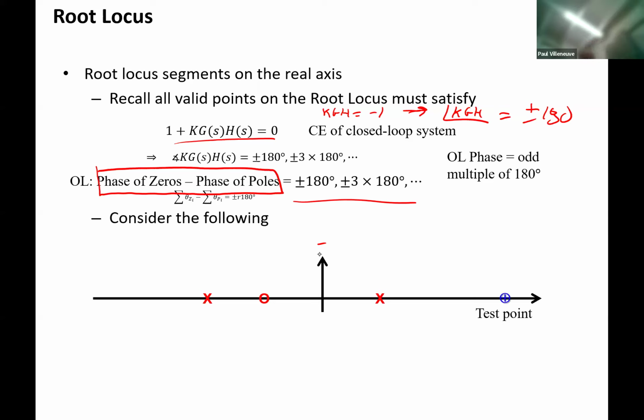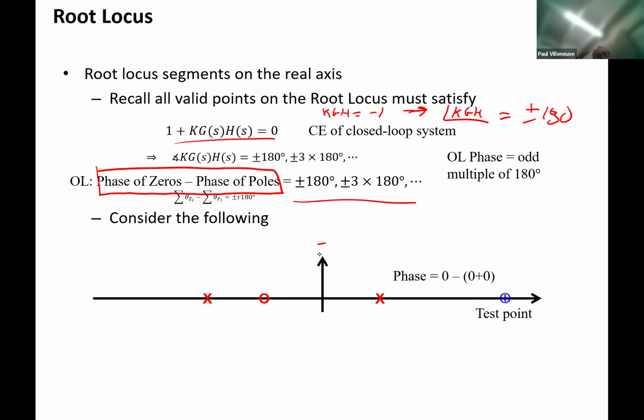So let's take a look at an actual transfer function with two finite poles and one finite zero. And we're going to stick a test point someplace out on the real axis and then see what we have. We want to see if that test point is going to actually exist on the root locus.